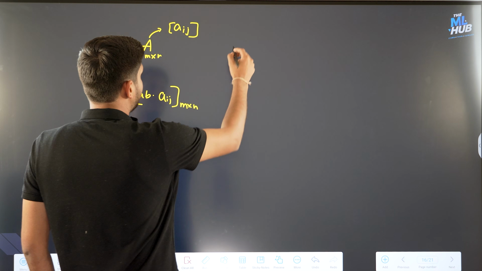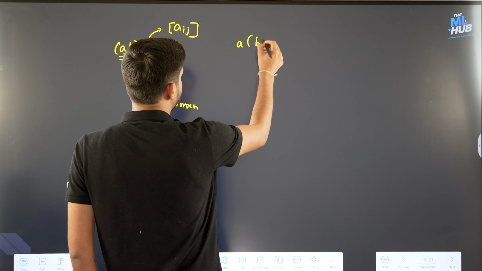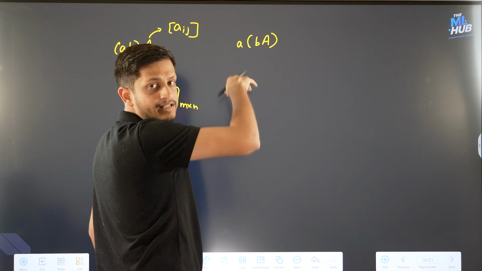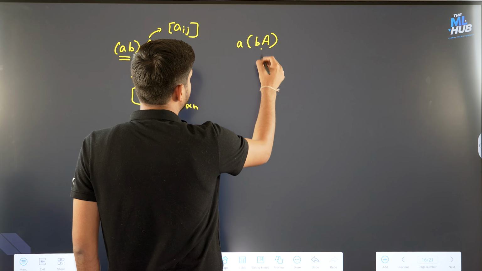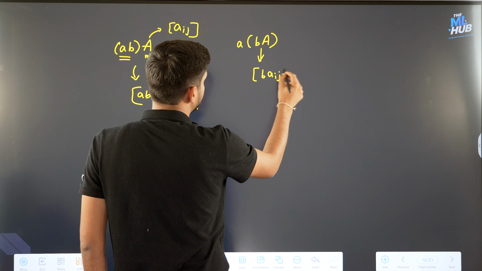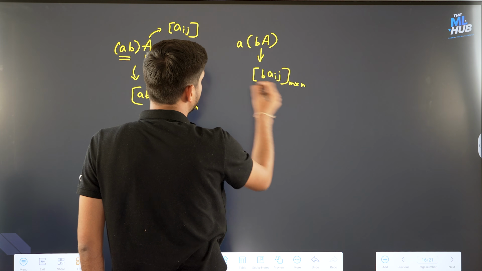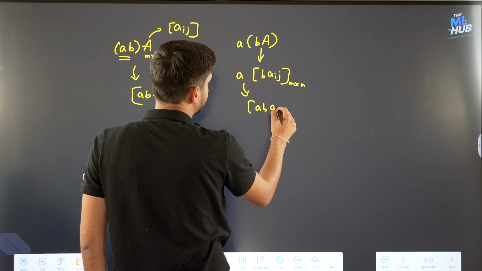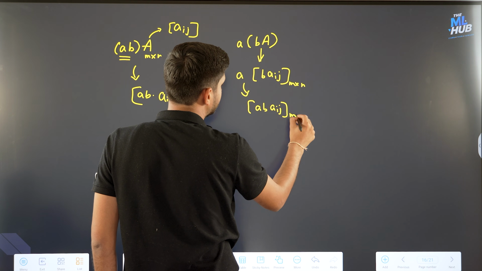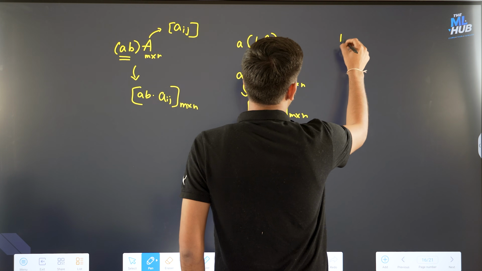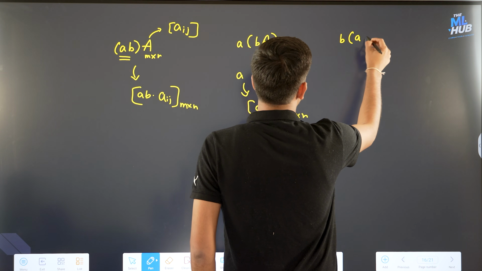Now if you do a times (bA), which means you are firstly multiplying the matrix by b and then you are multiplying by a, then also the same thing will happen. Here the ijth term will become b times Aij, and it is also an m cross n matrix. Then you are multiplying a to it, that will give you again ab times Aij as the ijth element, which is essentially the same. And the same you can do for b: you can multiply b later and multiply a first.